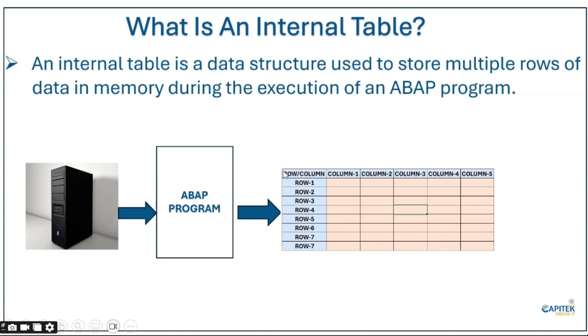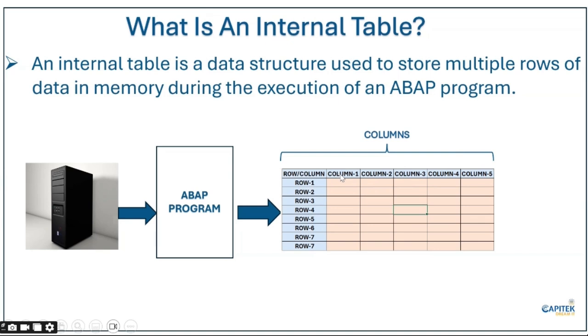The table has rows and the table has columns. It can have a number of rows and a number of columns. These are called columns, like 1, 2, 3, 4.